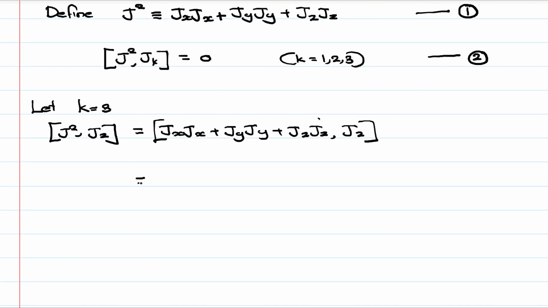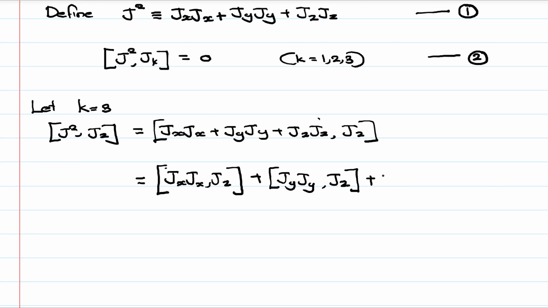Now I am splitting up the commutator brackets. That is the commutator of jx square and jz, plus the commutator of jy square and jz, plus the commutator of jz square and jz.